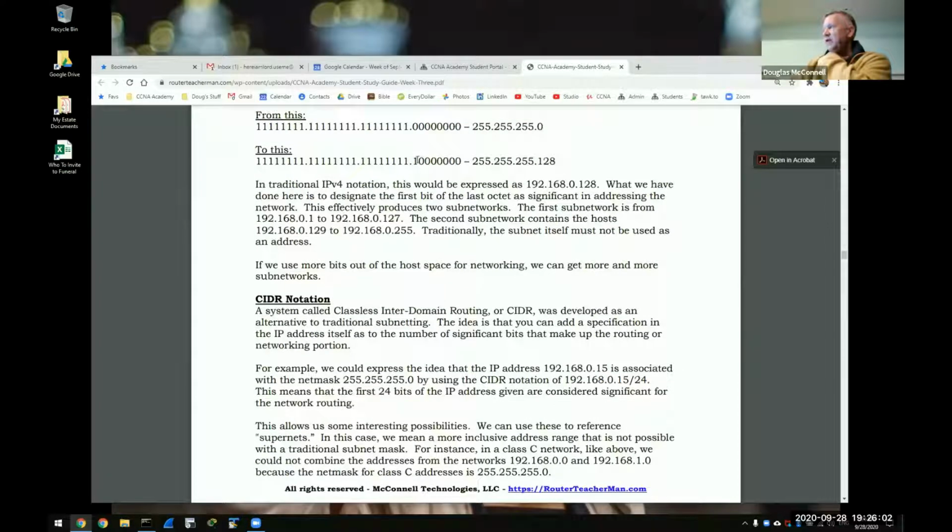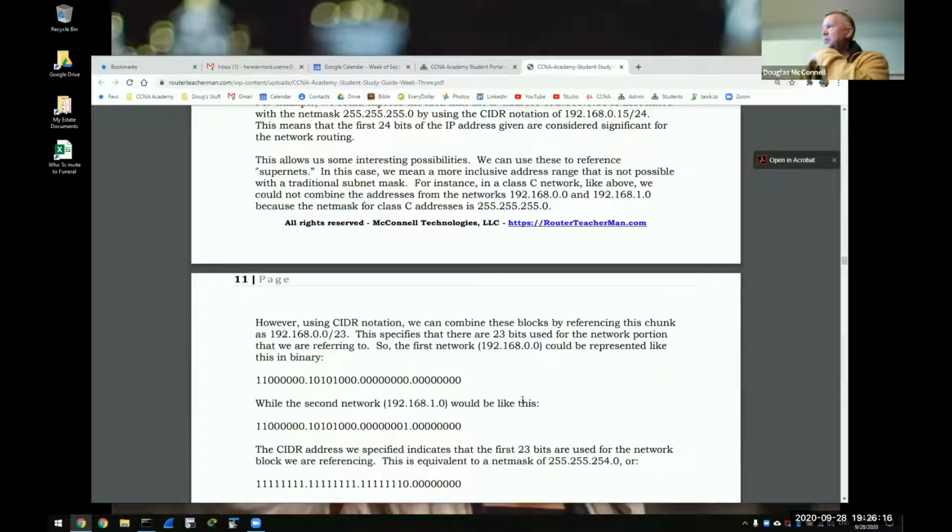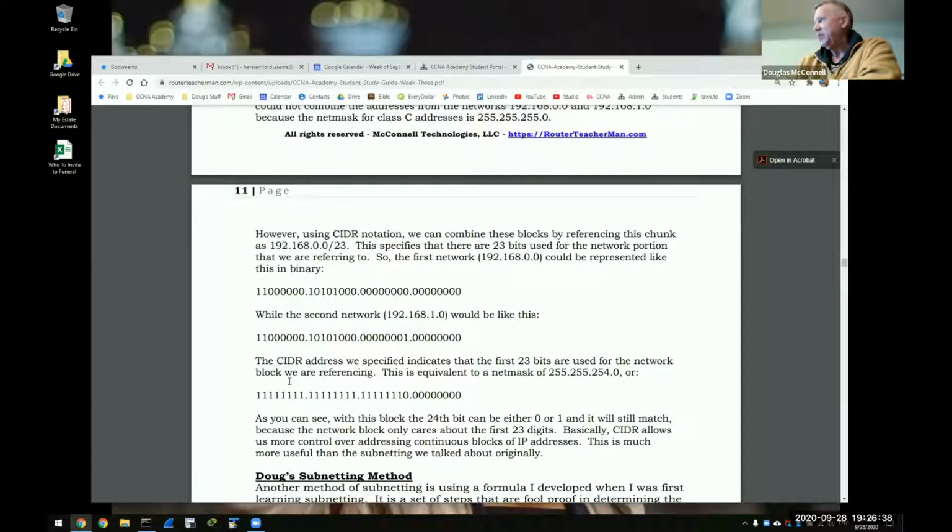Instead of 25 bits, we've turned the last two off, and now we have what? 23 bits. When we move it to the left like that, we are supernetting the network. When the network bits move to the left, we are creating what we call a supernet. And again, that /23, this is what it would look like.